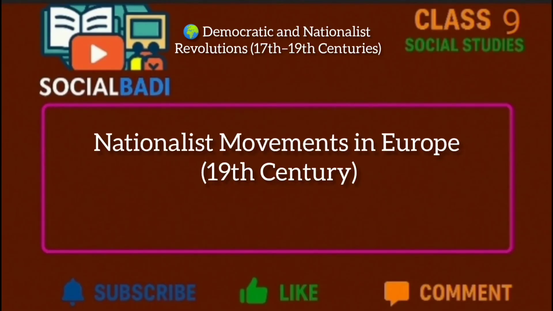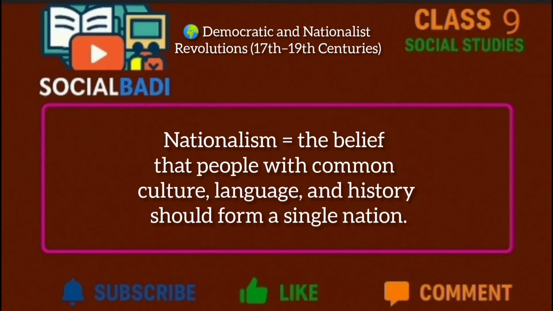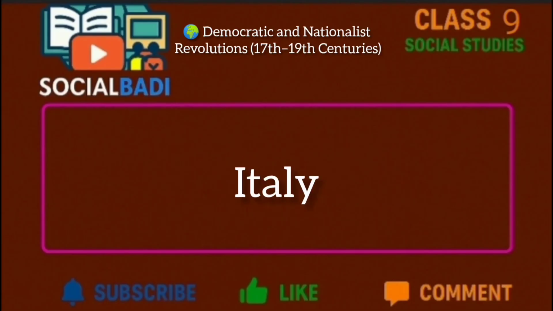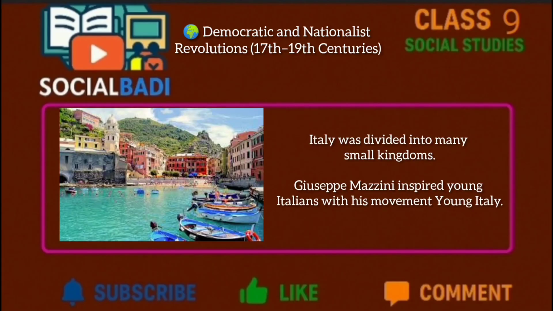Nationalist movements in Europe, 19th century. After the French Revolution and Napoleon's conquests, the idea of nationalism spread. Nationalism, the belief that people with common culture, language and history should form a single nation. Italy. Italy was divided into many small kingdoms.